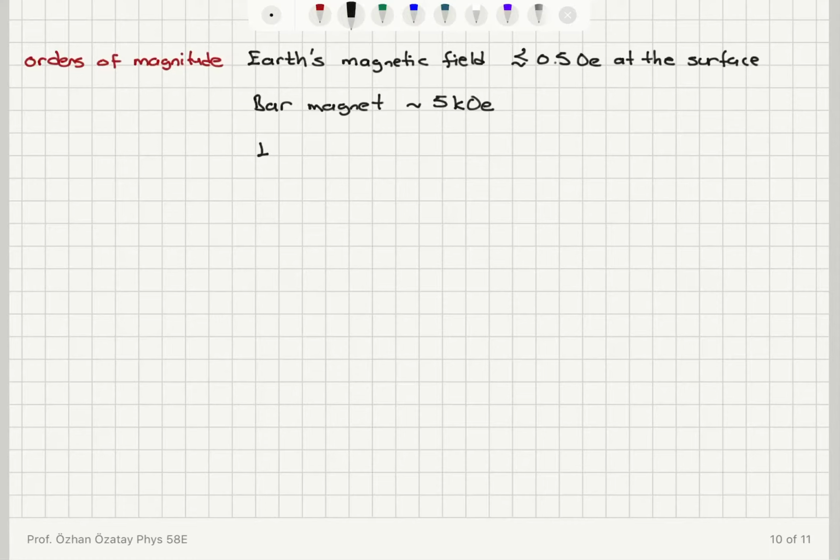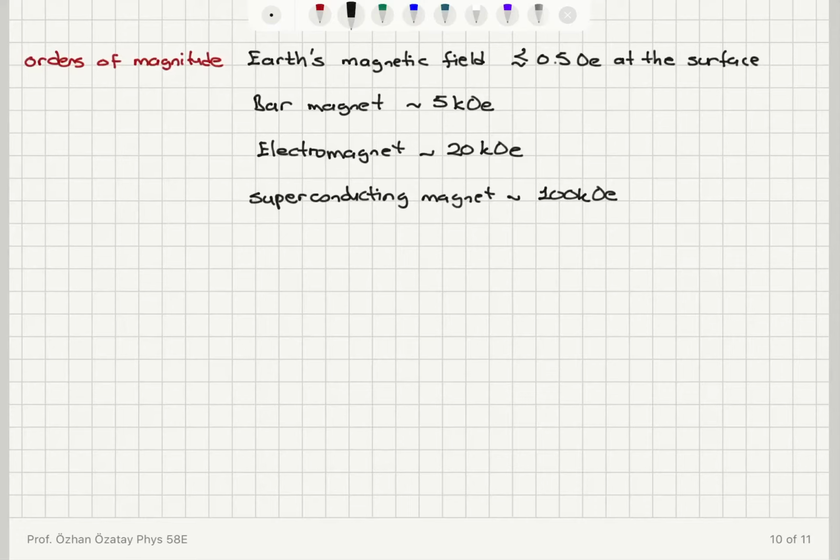If you measure the magnetic field that you can produce easily in an electromagnet, that is of the order of 20 kilo Ørsted. If you use a superconducting magnet, you can easily achieve up to 100 kilo Ørsted.